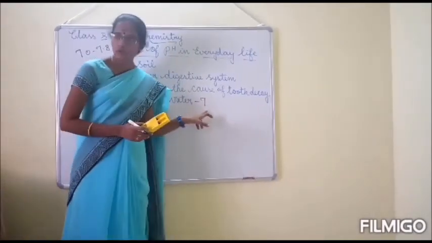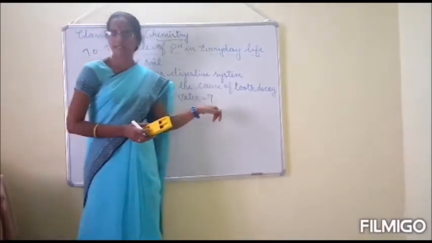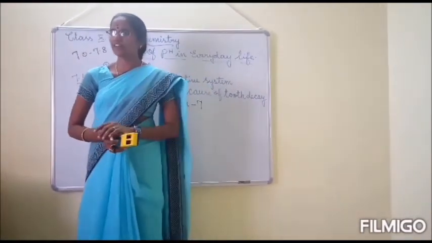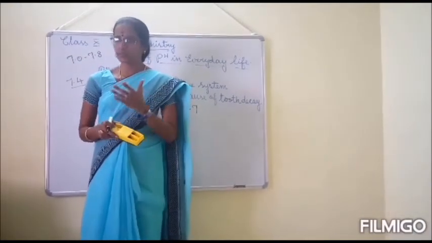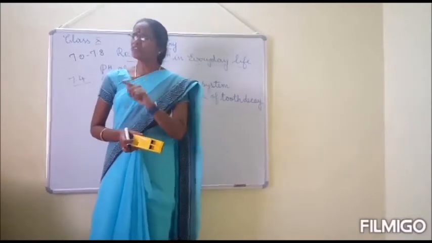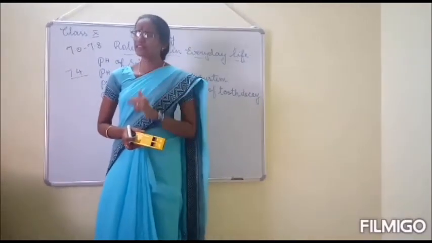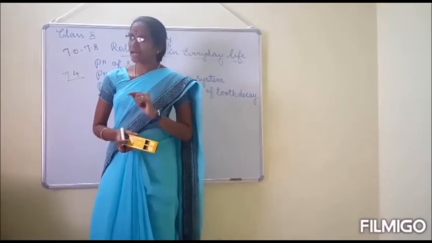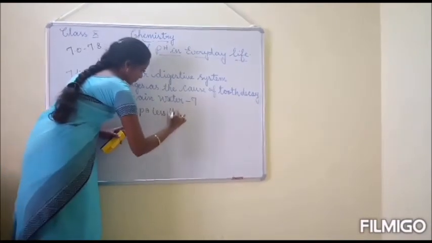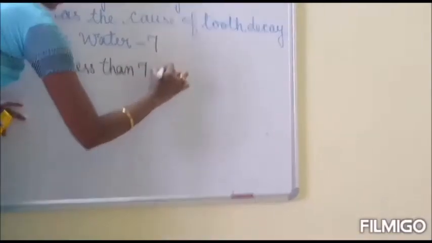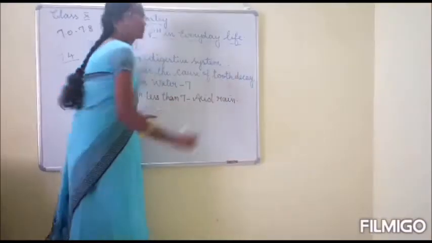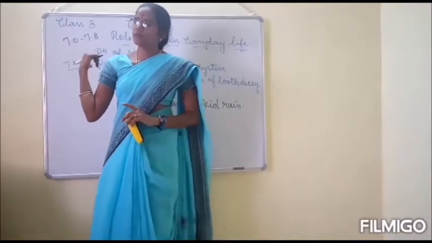If the pH of rainwater is less than 7, then it is called acid rain.